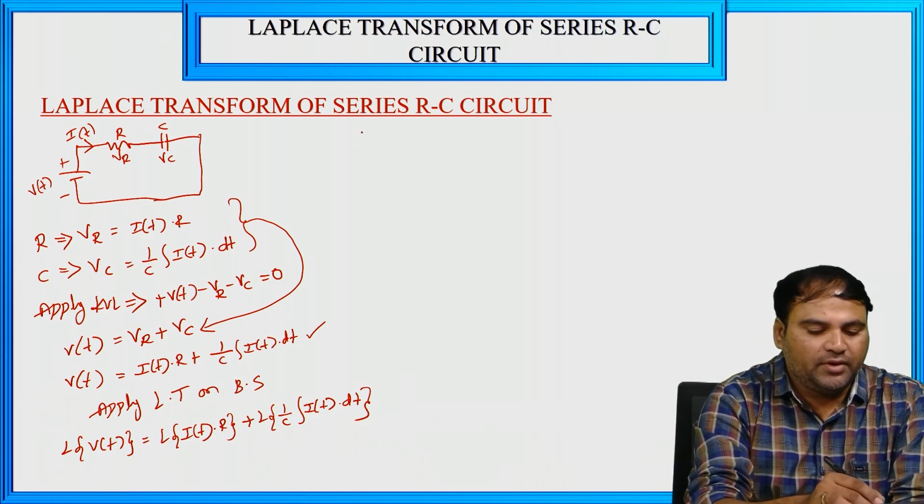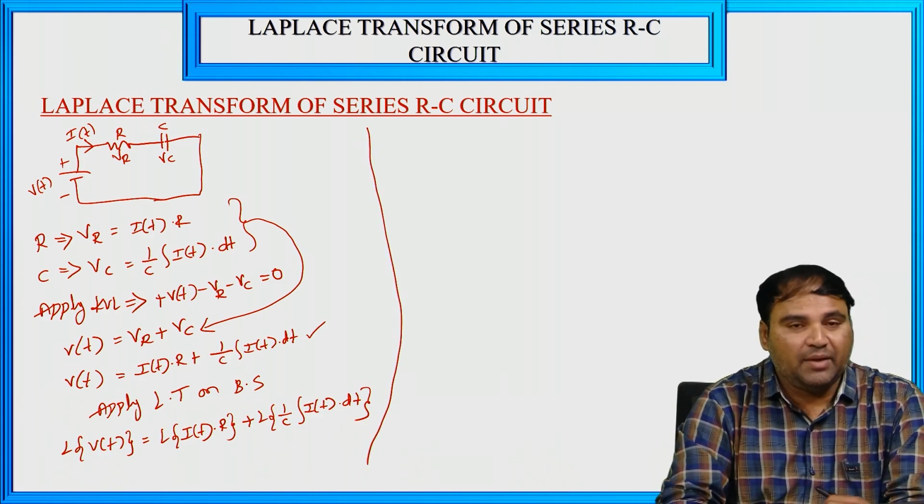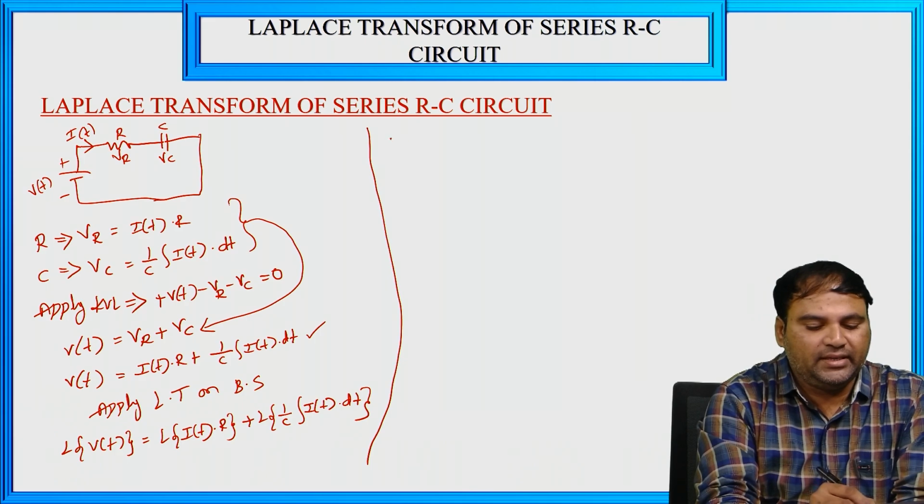Now we simplify. The Laplace transform of V of t is V of s by s.